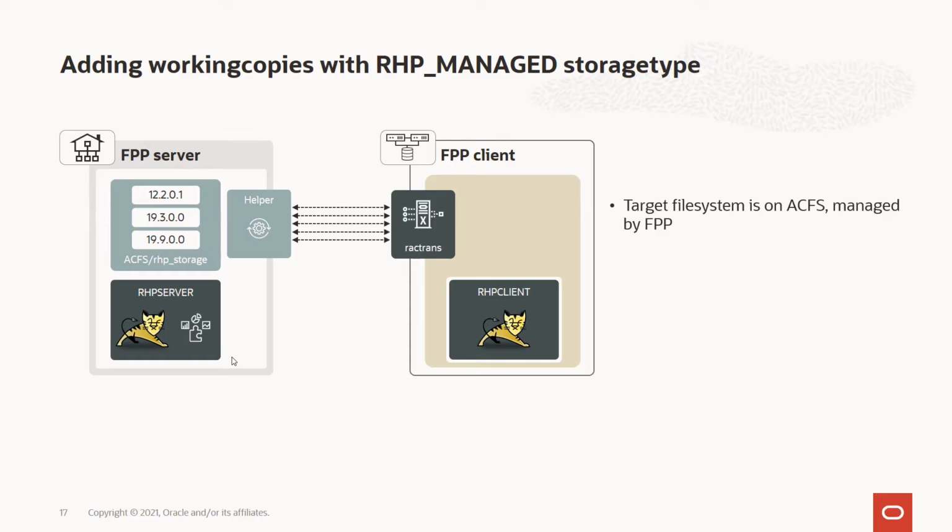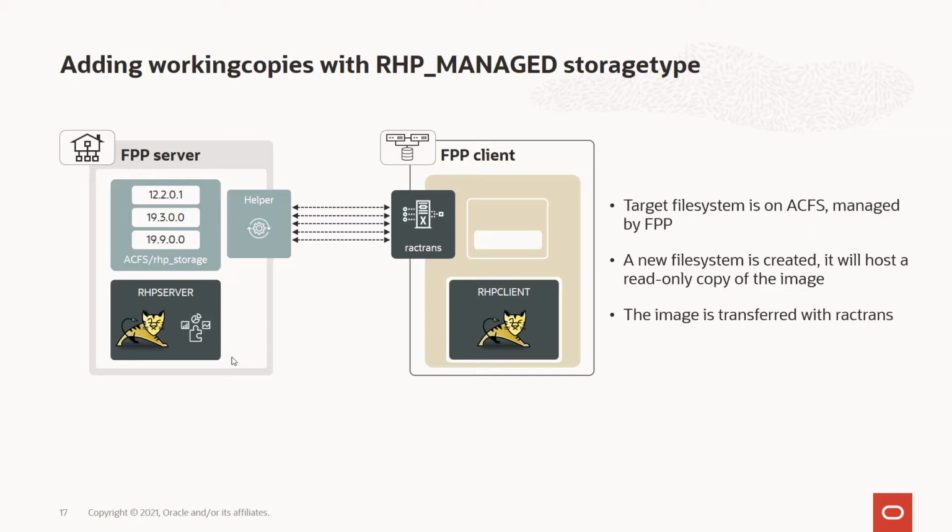So when we add a new working copy with this configuration, a new file system is created for the new working copy, and the FPP server will transfer the image with ROCtrans to this newly created ACFS file system, and it will create a read-write snapshot.